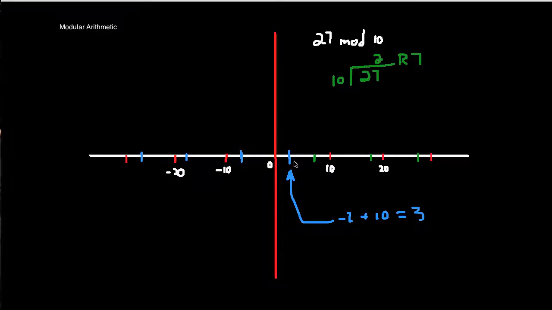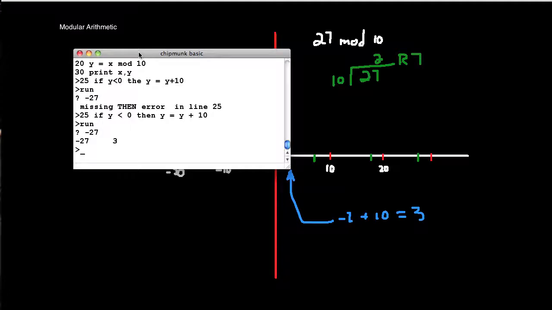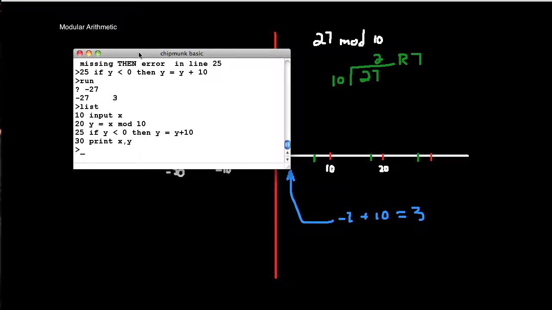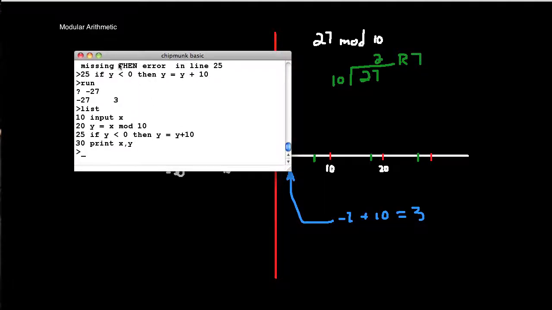So the modular operation I want is a little bit different than the modular operation provided by the BASIC programming language. Let me look at that program again, and this is the program that gives me what I want. Okay, list. So I have to add this extra statement right in here: if y is less than 0, then y equals y plus 10. So that seems to give me what I want.